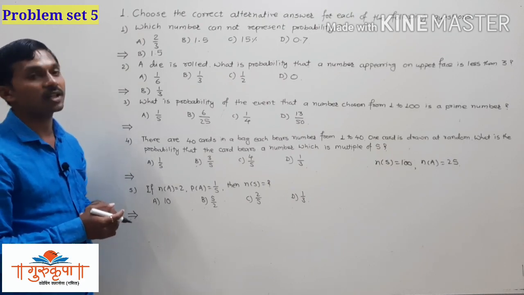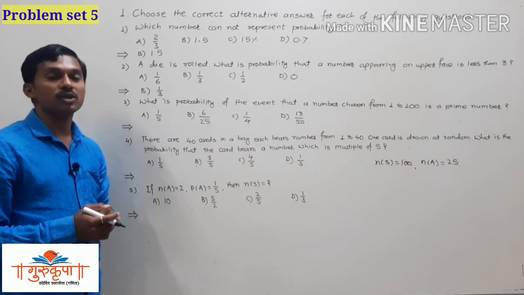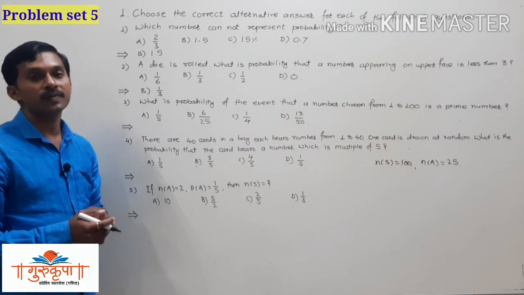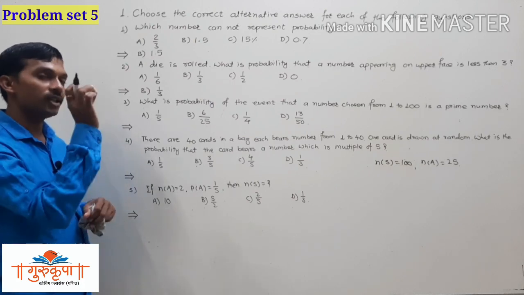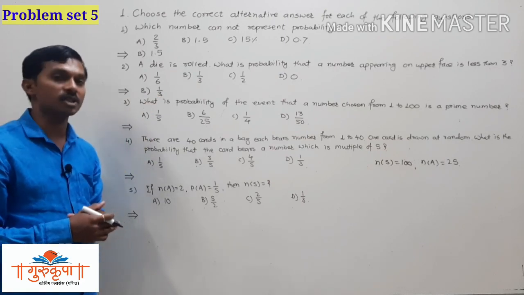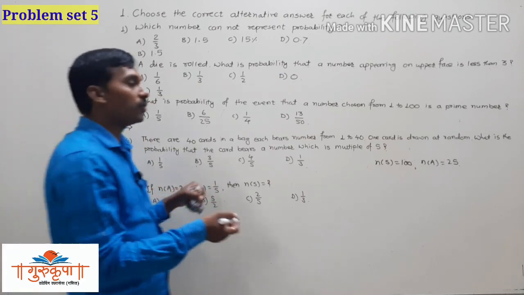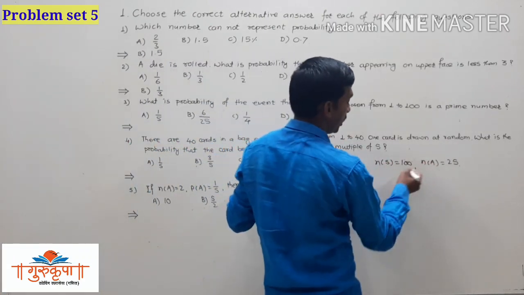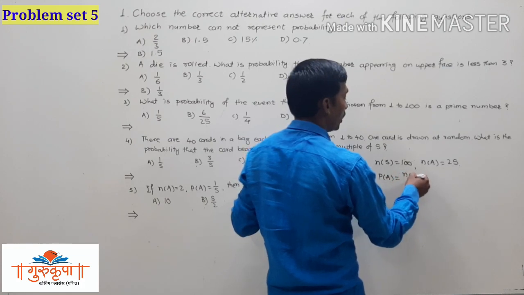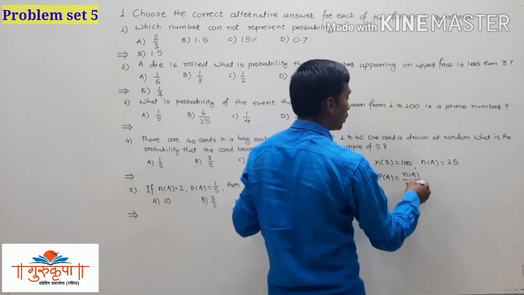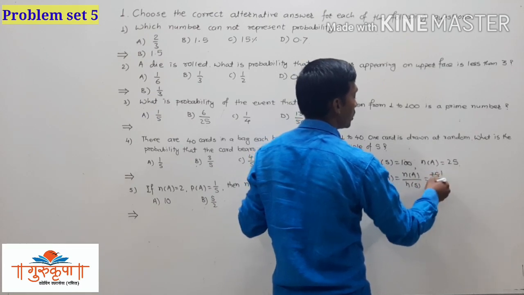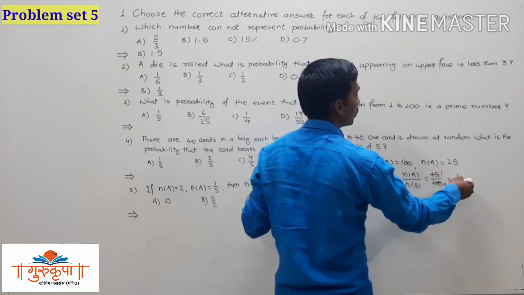Directly you can write that there are 25 prime numbers from 1 to 100, therefore number of A is equal to 25. And if you would like, you can make the list of all 25 prime numbers also. So we have to find the probability of this event A. Probability of A is equal to number of A upon number of S, that is 25 divided by 100, and the answer is 1 upon 4.